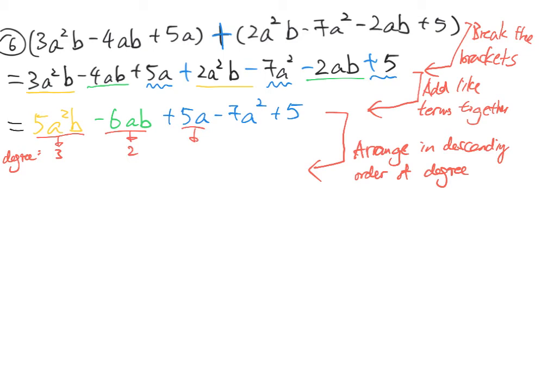This is 1. This is 2. Okay, and this is the constant term. So we arrange it in descending order from the highest to the lowest. Okay, so you see the minus 7a squared term will be the third one. Okay, so that's the end of this question.